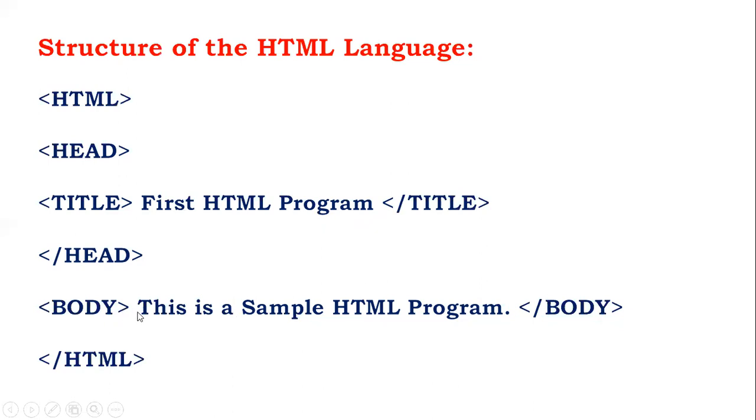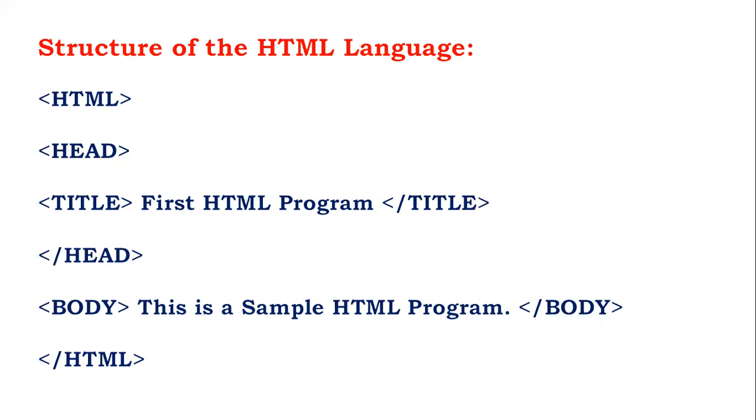And in between the body tag, whatever information I have written here is going to be displayed on the main body of the web page. So this is the basic structure of the HTML language, and this is the structure we are going to follow in developing web pages.